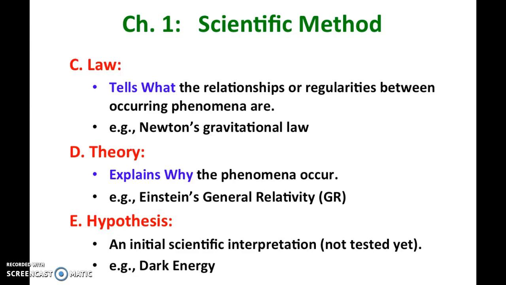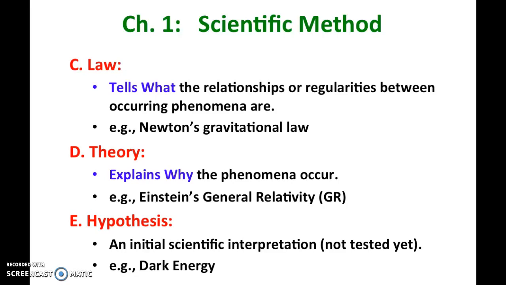A hypothesis is an initial scientific interpretation, not tested yet. For instance, the dark energy that is needed to explain the acceleration of the universe. The dark energy is not tested yet.